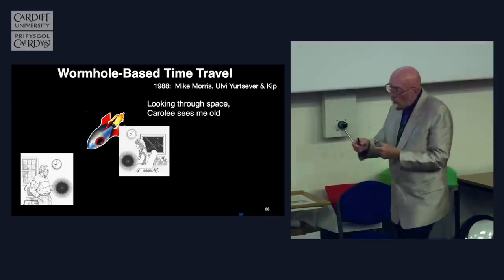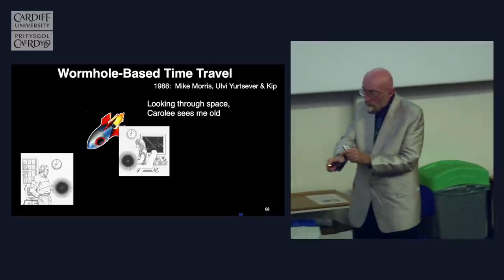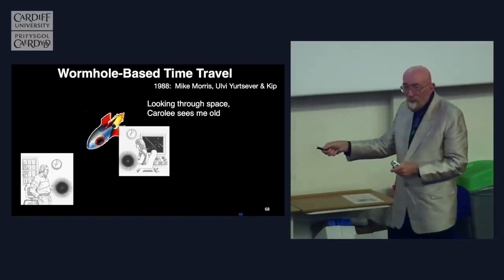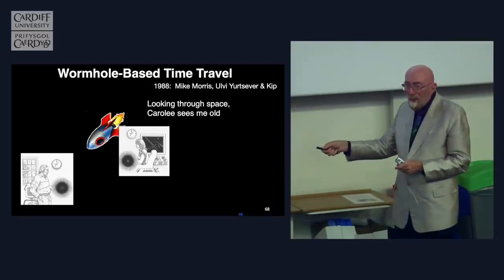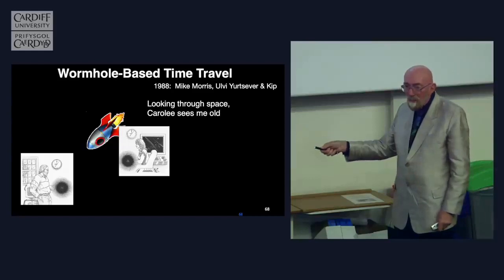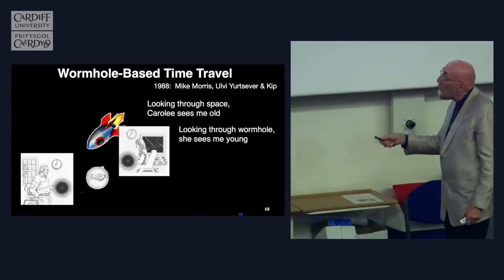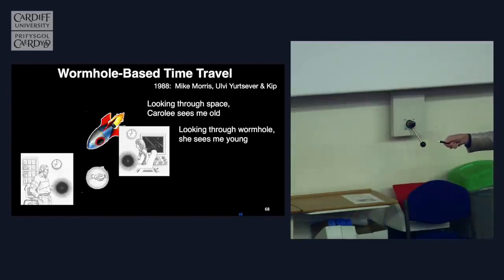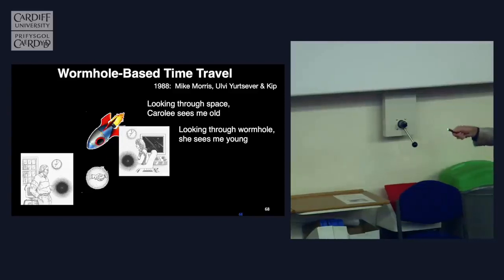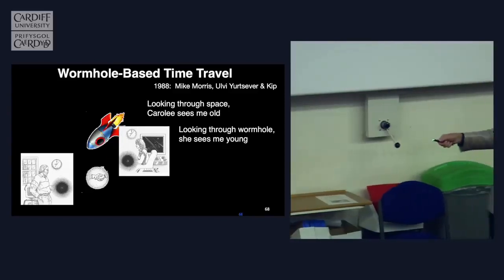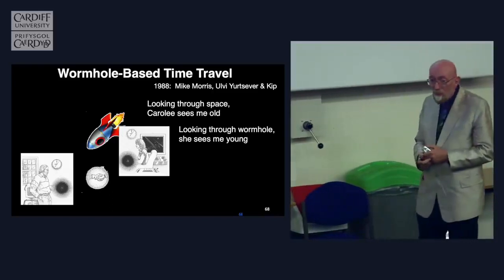But if we're holding hands, and I look at her wristwatch, and she looks at my wristwatch inside the wormhole, they have to tick at the same rate inside the wormhole. This is what the prediction is. And so looking through the wormhole, she sees me young, because she's young, and our watches have been ticking at the same rate. But looking out through the external space, she sees me old.